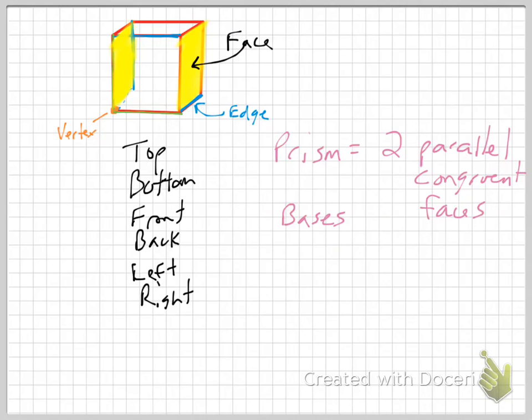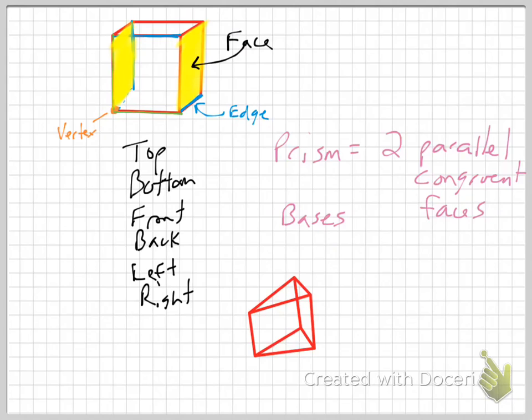If I had an object that looked like this, tell me this, is that a prism? How is it a prism? You tell me.